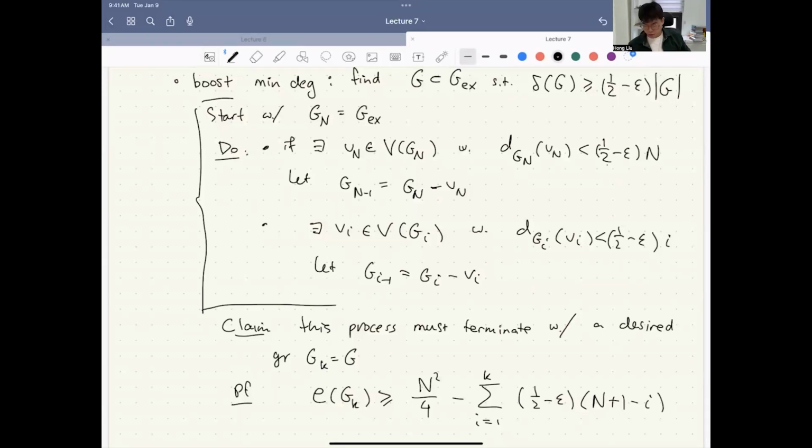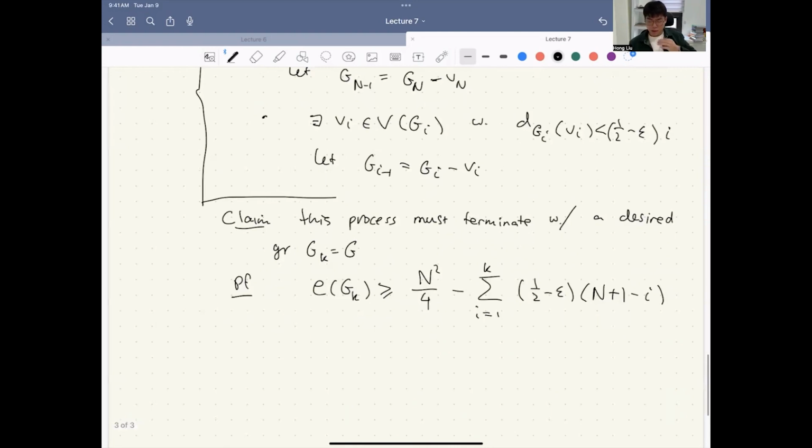So that's how much we remove every time. Okay, and if you expand this, I expand it for you. This is n squared over 4 minus (1/2 - epsilon) N K plus (1/2 - epsilon) times the sum from i equal to 1 to K of (i - 1).